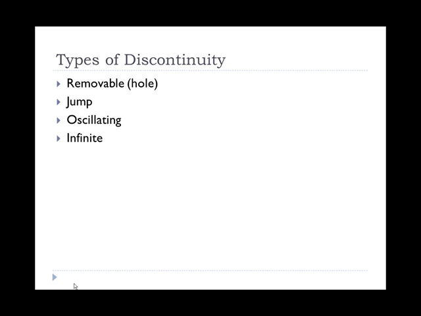Now we're just talking about basic continuity here. There are different types. Removable discontinuity, that's your hole. There are ones called jump discontinuity, that's kind of like the stair step thing that I showed you, where it's consistently jumping. Oscillating discontinuity is where you have something that has to do with positive and negative. So it might be a positive value over here, but then you have a negative value here. And actually, let me think here.